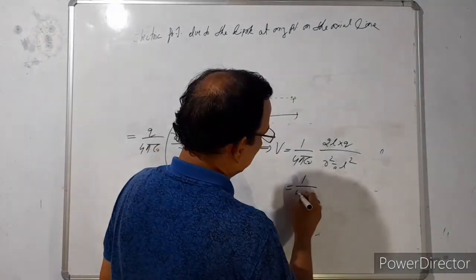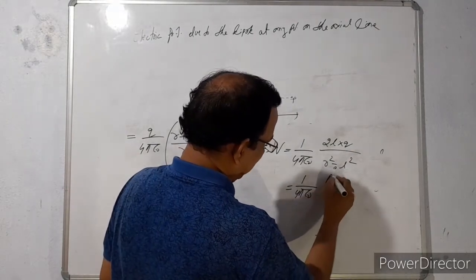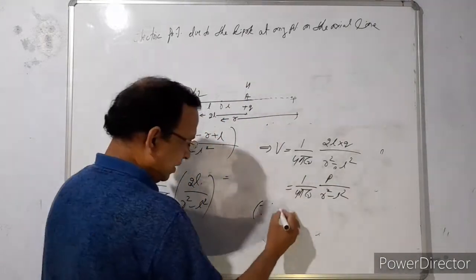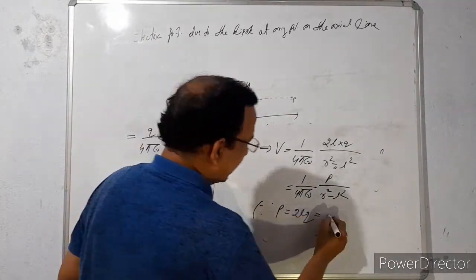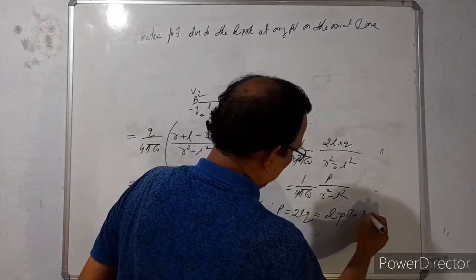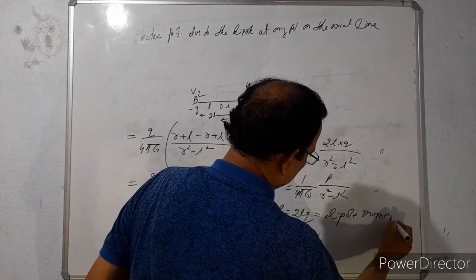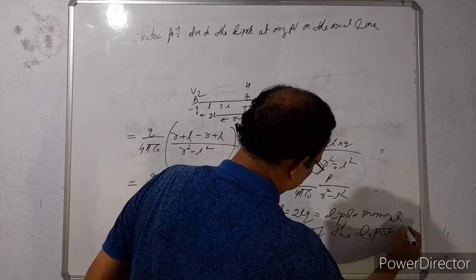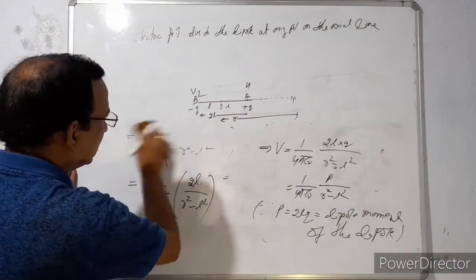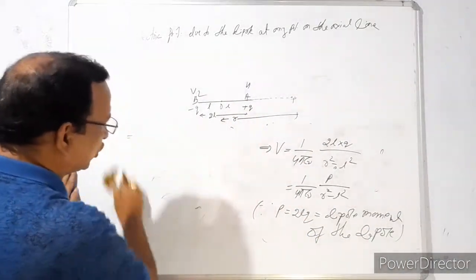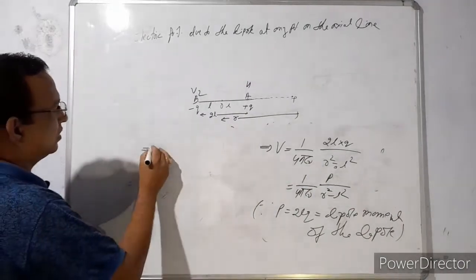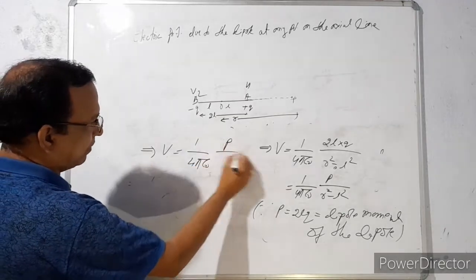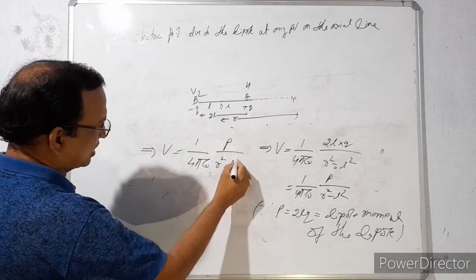So that is equal to 1 by 4 pi epsilon naught P by R square minus L square, as P is equal to 2LQ, the dipole moment of the dipole. Okay. So at last V is equal to 1 by 4 pi epsilon naught P by R square minus L square.